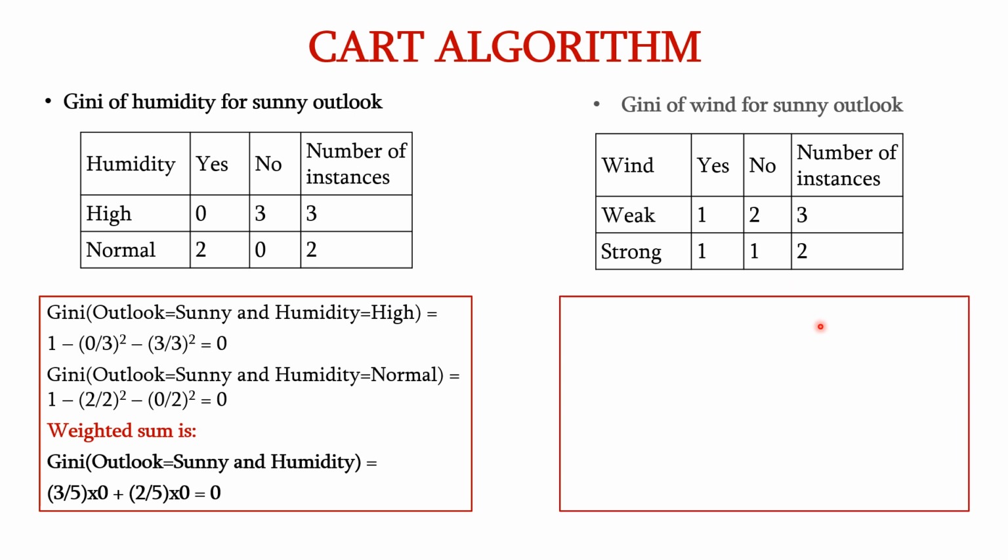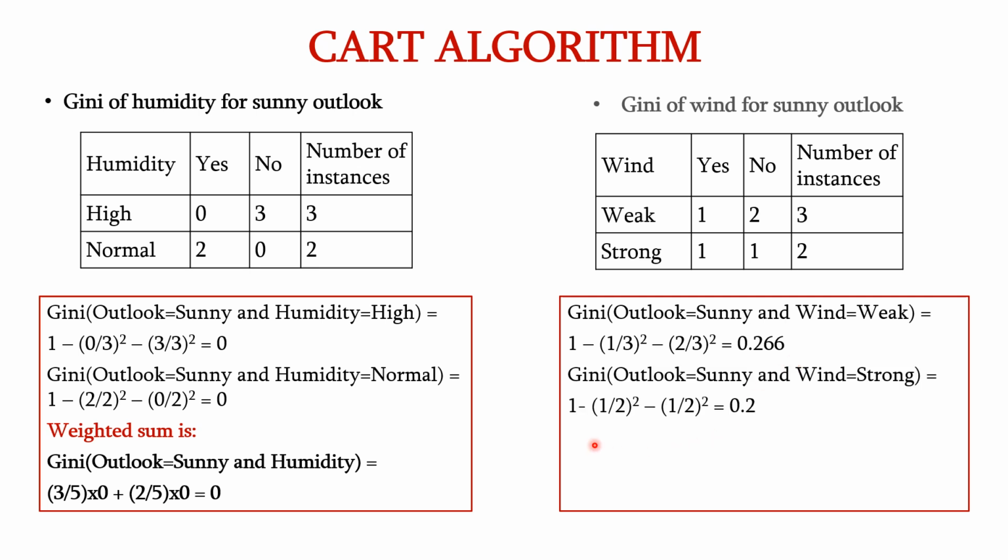Now let us find the Gini index similarly. Gini of outlook equal to sunny and wind equal to weak is 1 minus, for yes 1 by 3 whole square, minus for no 2 by 3 whole square, and the answer is 0.266.